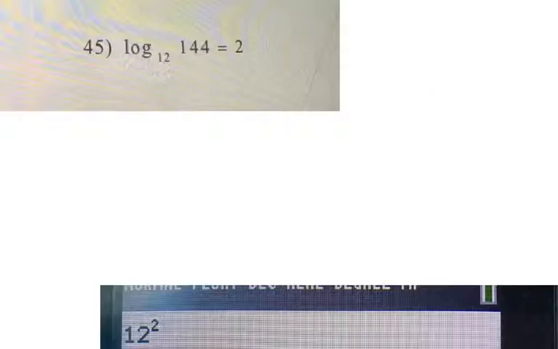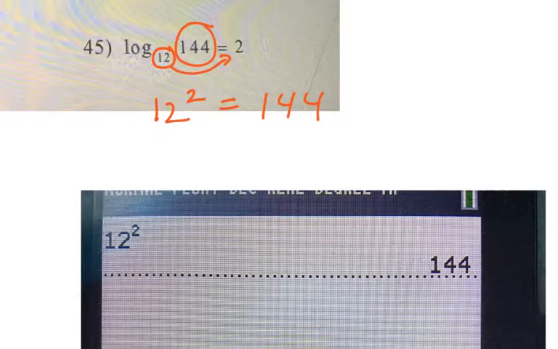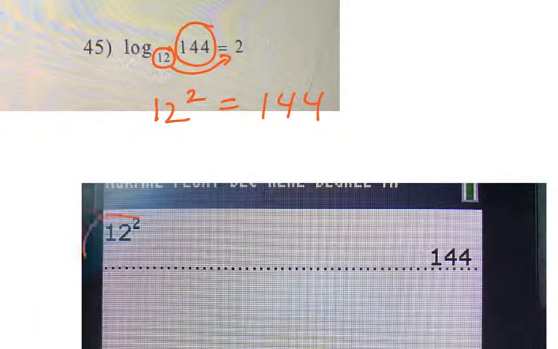Let's do a couple more. This one, notice the 12 base right there. So couldn't I say 12 to the 2 power has to equal 144. And of course, we all know that 12 squared is 144, right? 12 times 12 is 144.